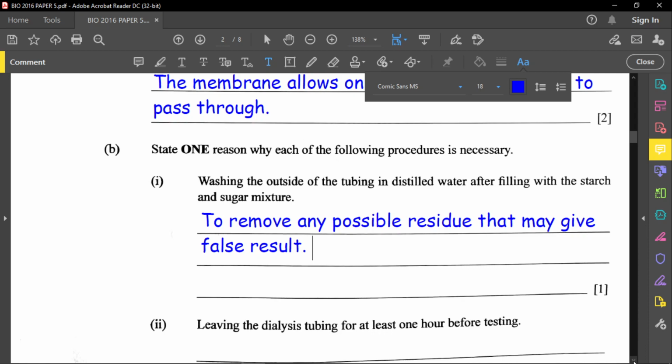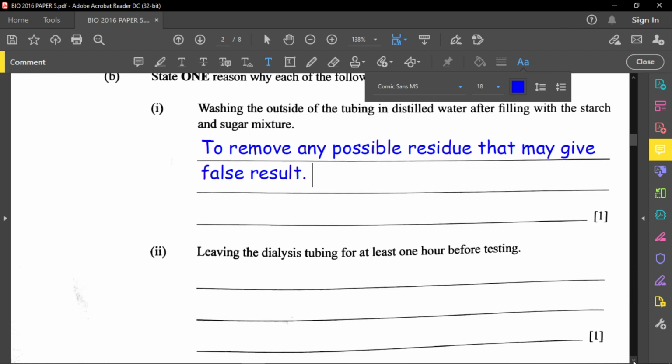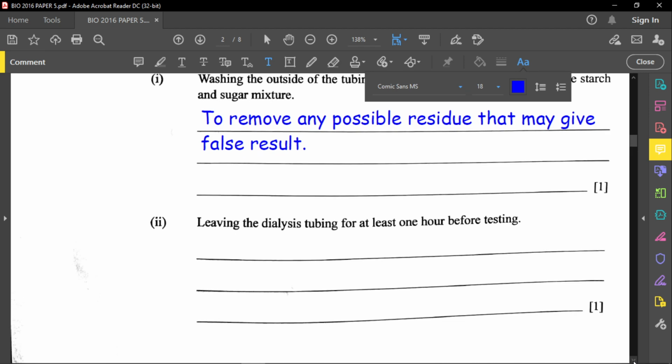All right, now let's jump into the next question. Now the next question reads, leaving the dialysis tubing for at least 1 hour before testing. So why do you want to leave it for at least 1 hour before testing? And the reason for this is really to allow effective movement or diffusion of molecules.